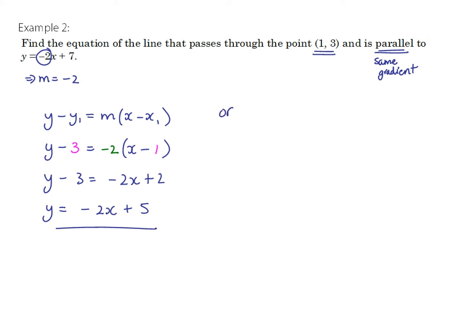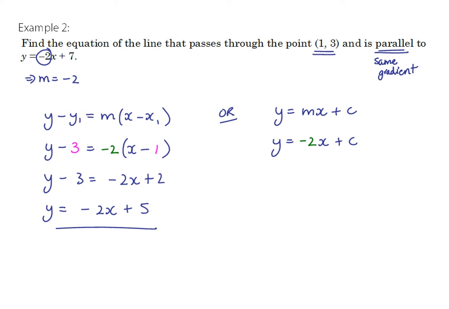You could use, as I said, gradient-intercept form for all of these problems, and I'll show you how to do that here. So obviously we immediately know the gradient. So we know that y is equal to negative 2x plus c, but we don't know c because it's the y-intercept, but we have another point.